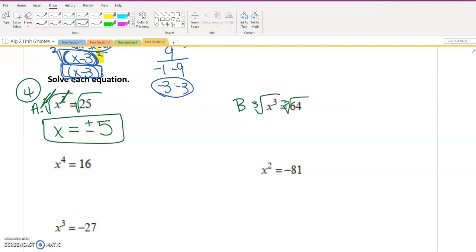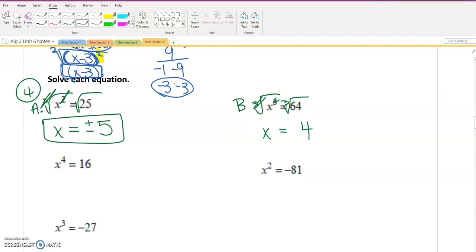And now, what happens with my cube root of x cubed? It's just going to be x because 3 divided by 3 is 1. Also, cube root and cube cancel, however you like to think about it. Now, what is the cube root of 64? 4. Yeah, cube root of 64 is just 4.